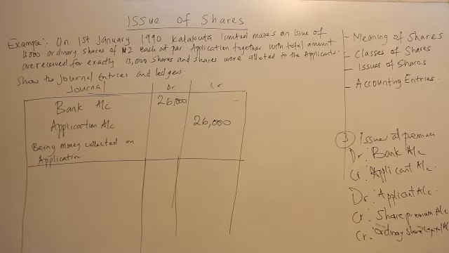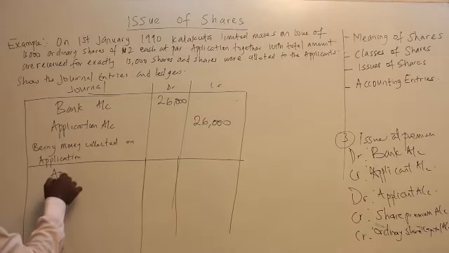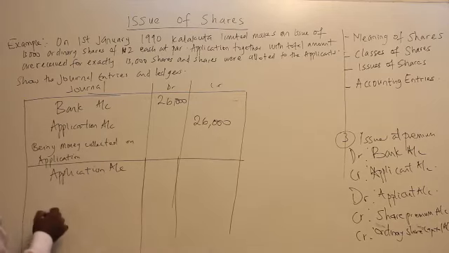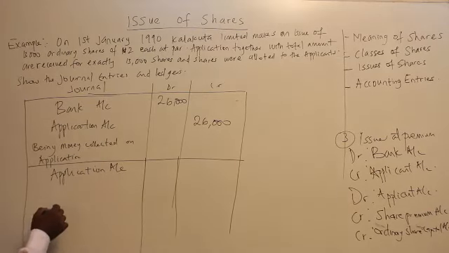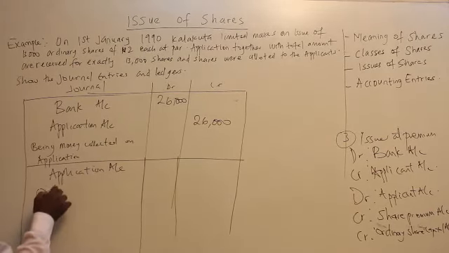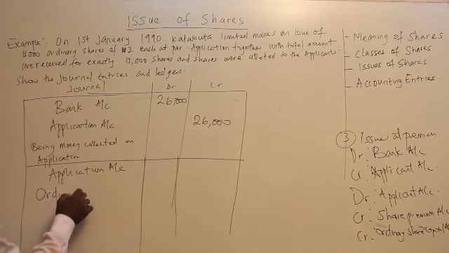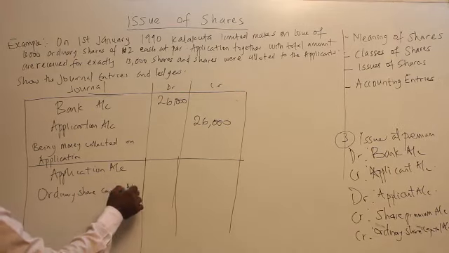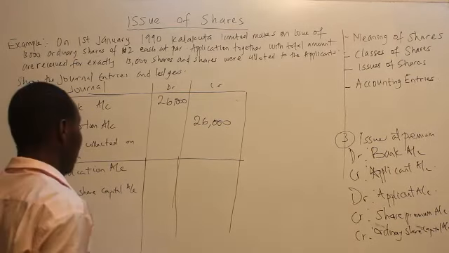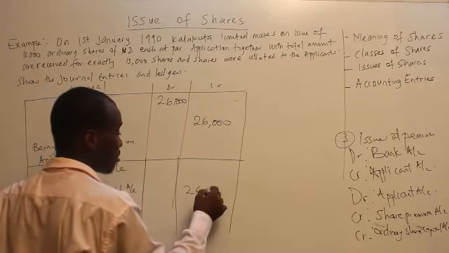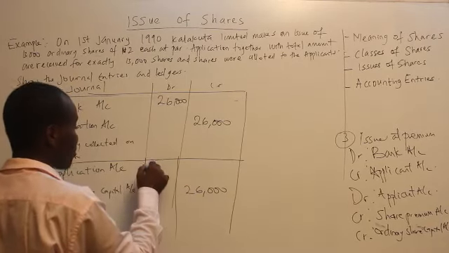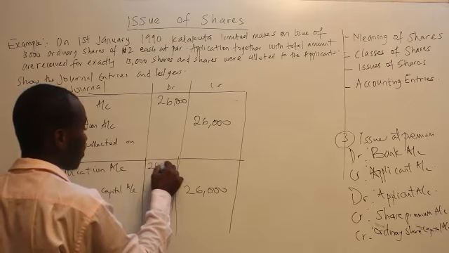We are going to debit application account, since it's at par, and credit ordinary share capital account, which is 26,000 naira, since that is at par. So shares allocated to applicants will be 26,000 naira.